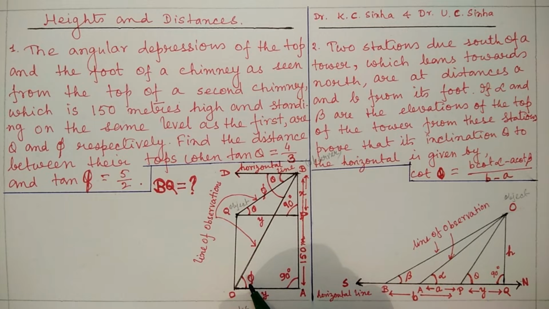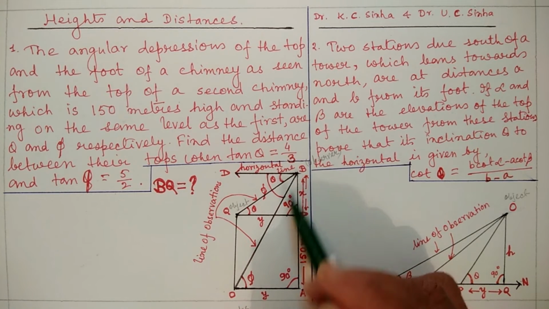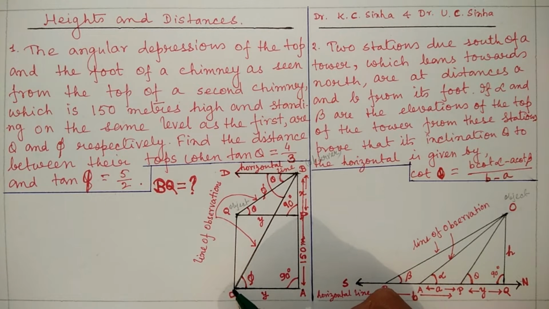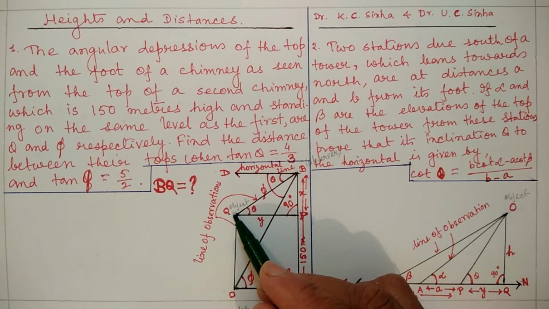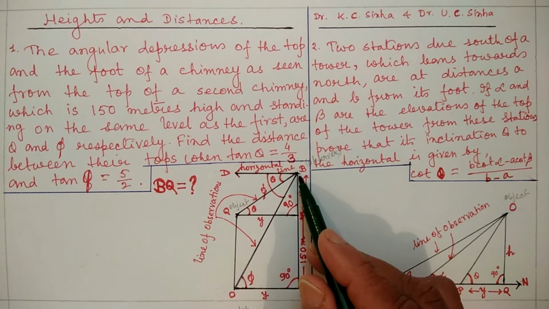Now, if we think another way, we know that the angle of elevation and angle of depression are always equal for a particular case. If we think that way, friends, here observer B, and O is an object and Q is also an object. There are two objects, B is the observer.